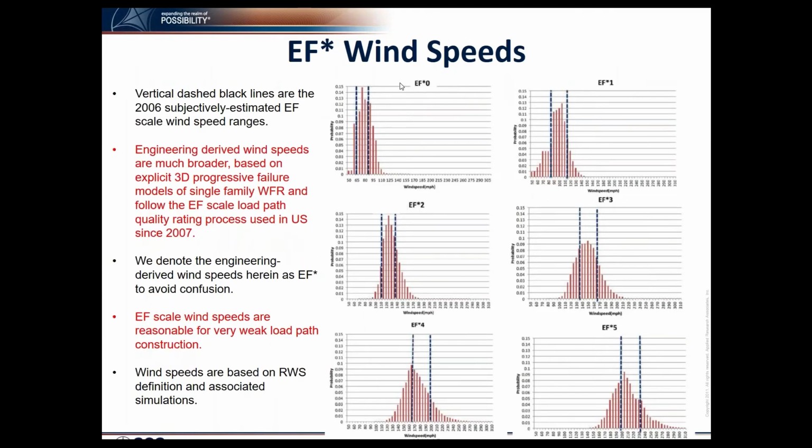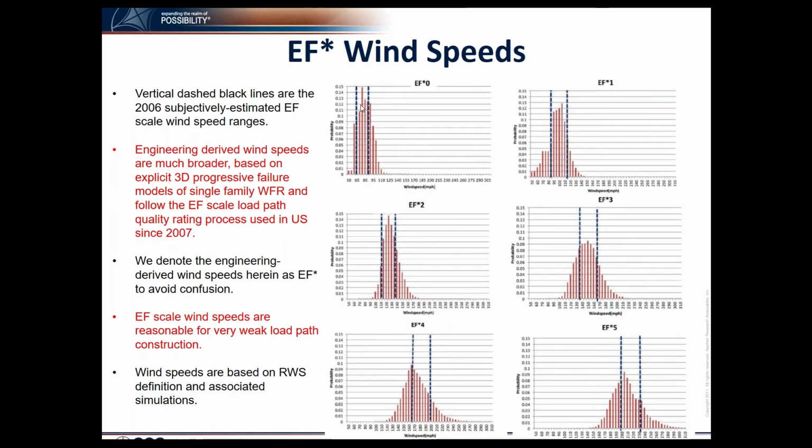So here, this slide shows the distribution of the EF scale wind speed. We use an EF star to distinguish it from the EF scale. As you can see, our engineering-derived wind speeds are much broader, and there are overlapping wind speeds.